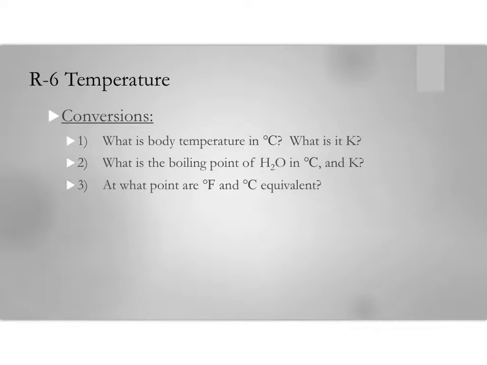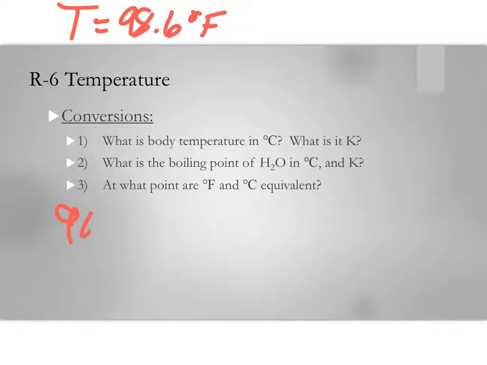So problem number 1, what is body temperature in degrees Celsius and what is it in Kelvin? Well, we should all know that body temperature is 98.6 degrees Fahrenheit. So you're going to start with 98.6 degrees Fahrenheit, and the first step is to subtract 32 degrees Fahrenheit from that.